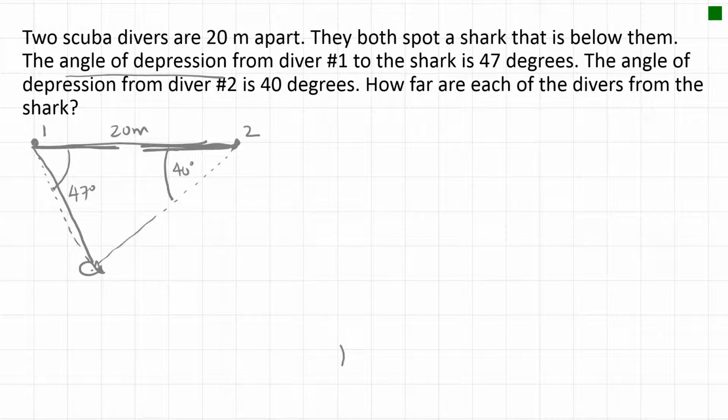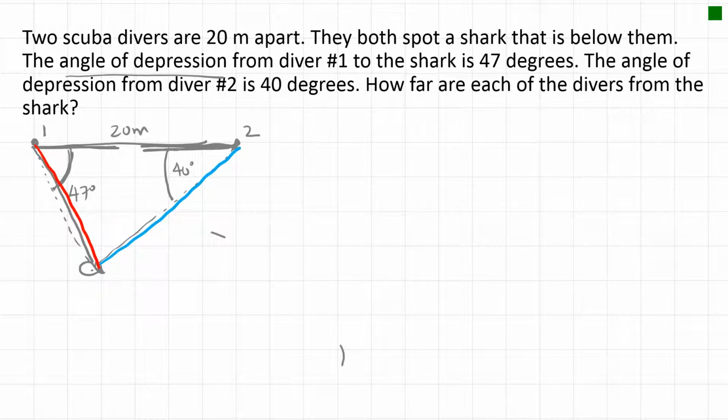So just to imagine which side do you think is going to be longer, this is a bigger angle here, and so this length here is going to be longer than this length. So we should be expecting that when we use the trigonometry rules to calculate our missing lengths, and we want to find those lengths.